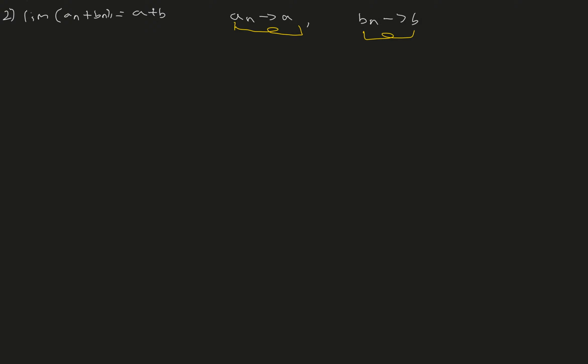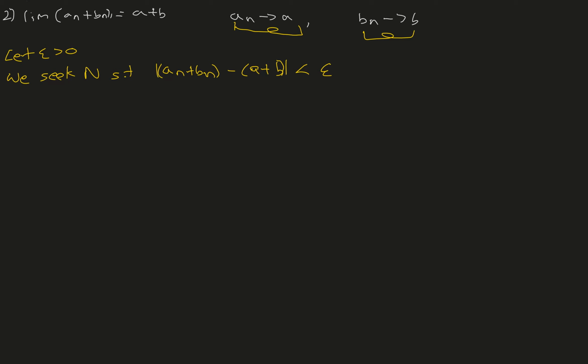So what do we need to show? For any epsilon greater than 0, let epsilon be greater than 0, we seek n such that the modulus of an plus bn minus a plus b, remember a plus b is the limit, is less than epsilon. So we seek n such that this is true.